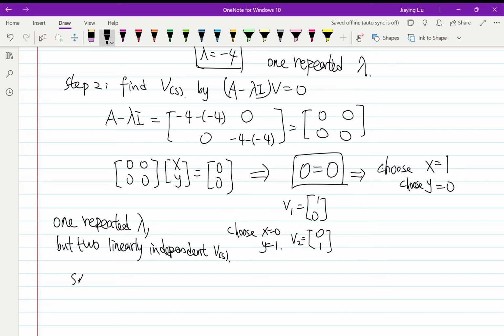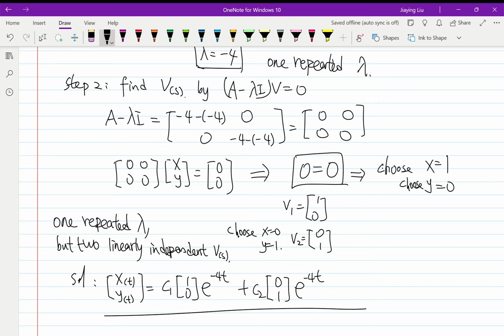So the solution to the system at the end is going to be (x of t, y of t) equals c1 times v1, (1, 0), times e to the lambda 1 t, but we just have one lambda, so we use negative 4t, plus c2 times v2, (0, 1), times e to the lambda 2 t, but it's the same as lambda 1, so negative 4t. So this will be the solution in vector form.